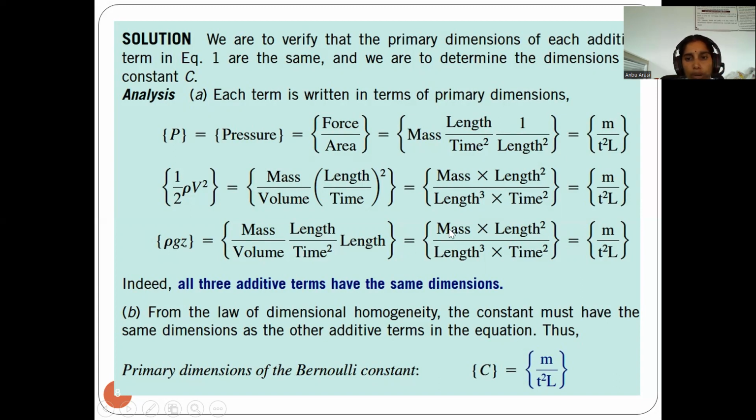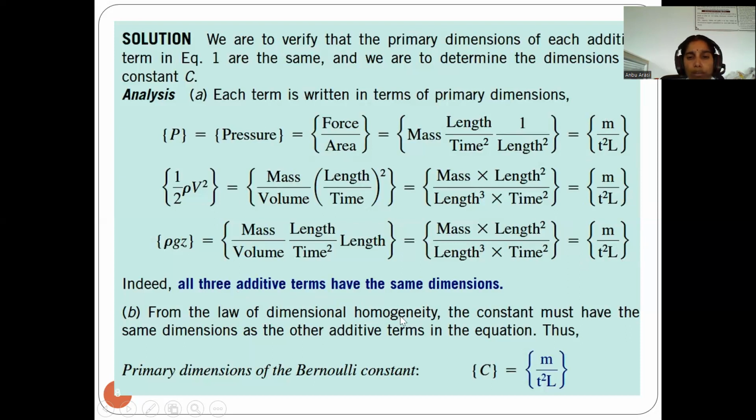That equals mass by length cubed times length into length, divided by t squared. Length squared and length cubed cancel, leaving only length. So it equals m divided by t squared L. Indeed, all three additive terms have the same dimensions.